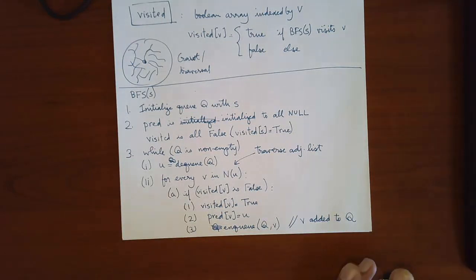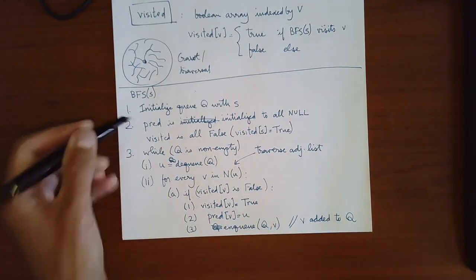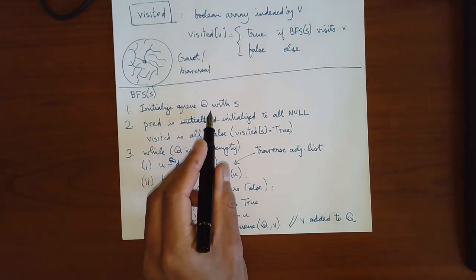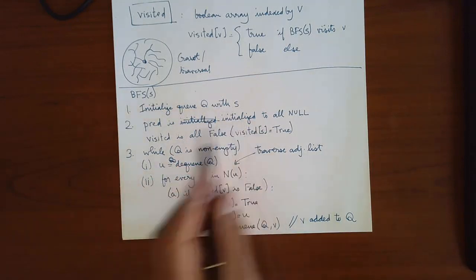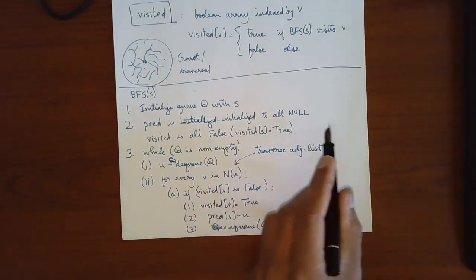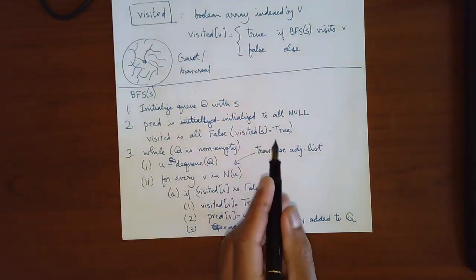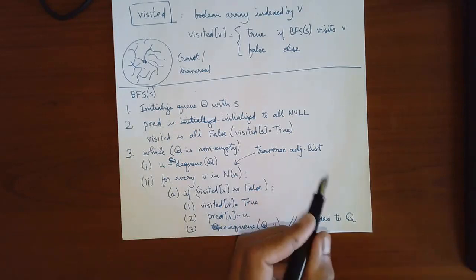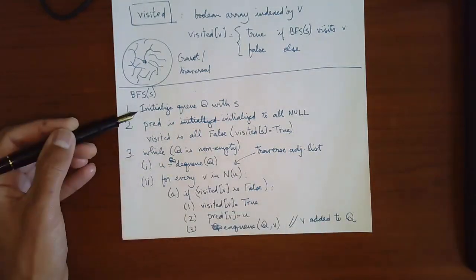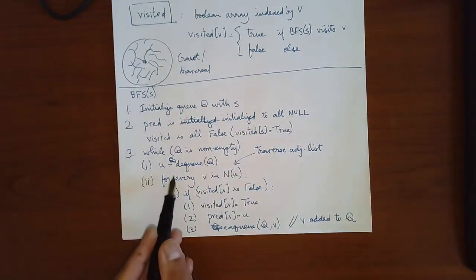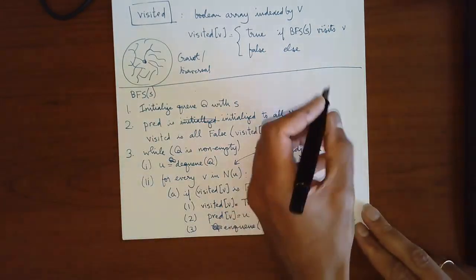So let me walk over this again. BFS starting from a source vertex: we initialize the queue with S. We initialize predecessor to be null and visited to be all false, except for visited S, which is true. Now, while the queue is non-empty, we dequeue U. So now I'm going to draw a picture here.